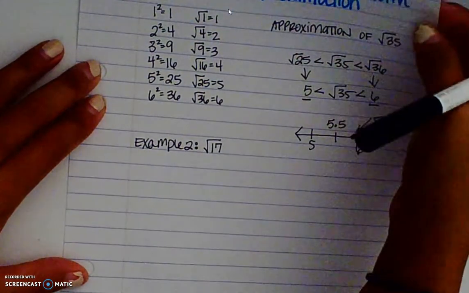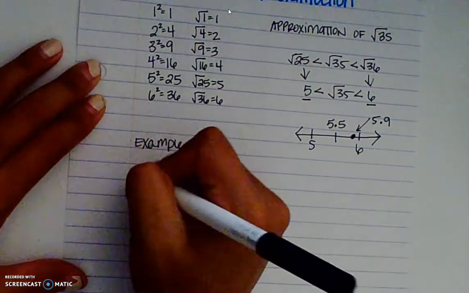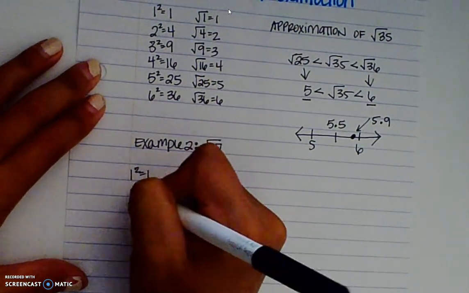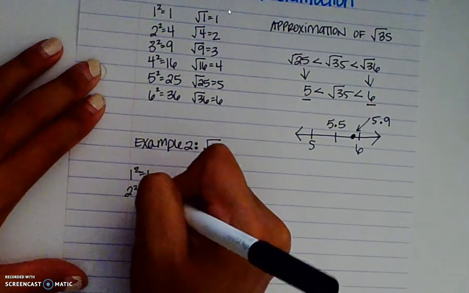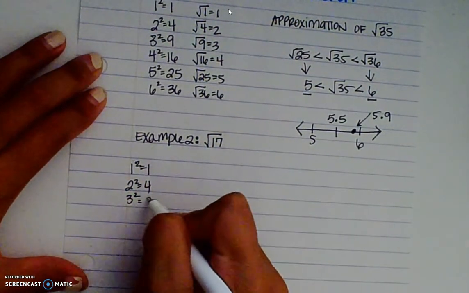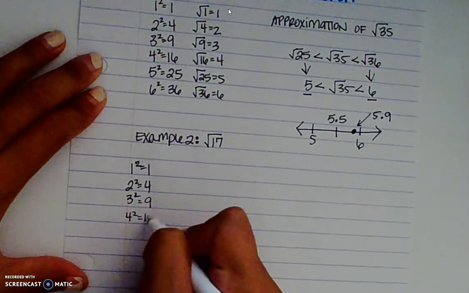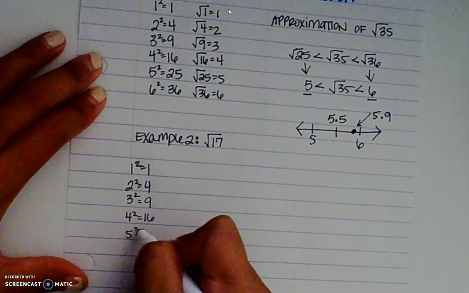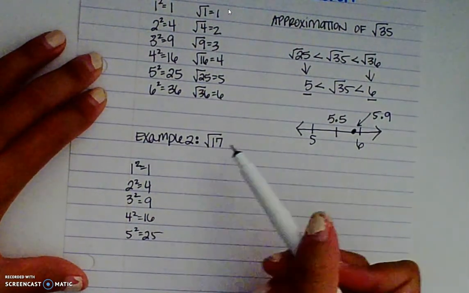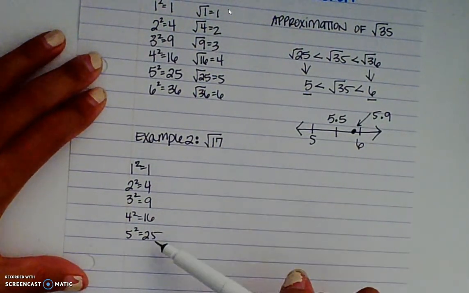We can go ahead and list out our perfect squares if you want to help you a little better. So 1 squared is 1, 2 squared is 4, 3 squared is 9, 4 squared is 16, 5 squared is 25. And again, you can stop when you know that if my number is 17, I don't really need to go past 25.